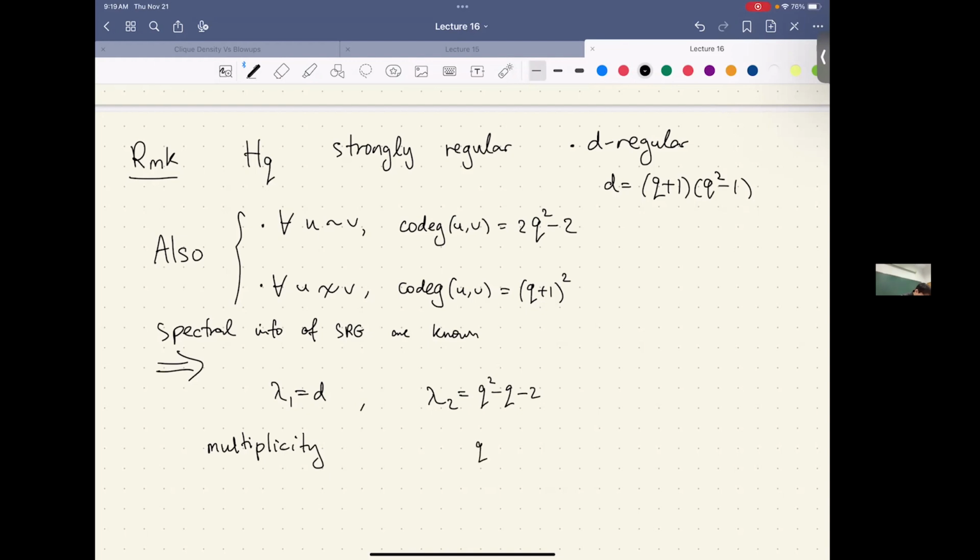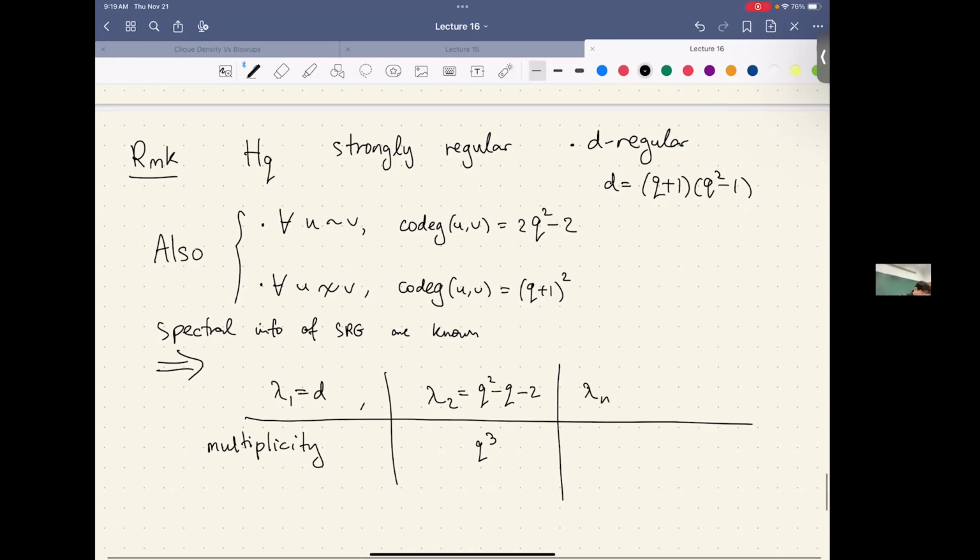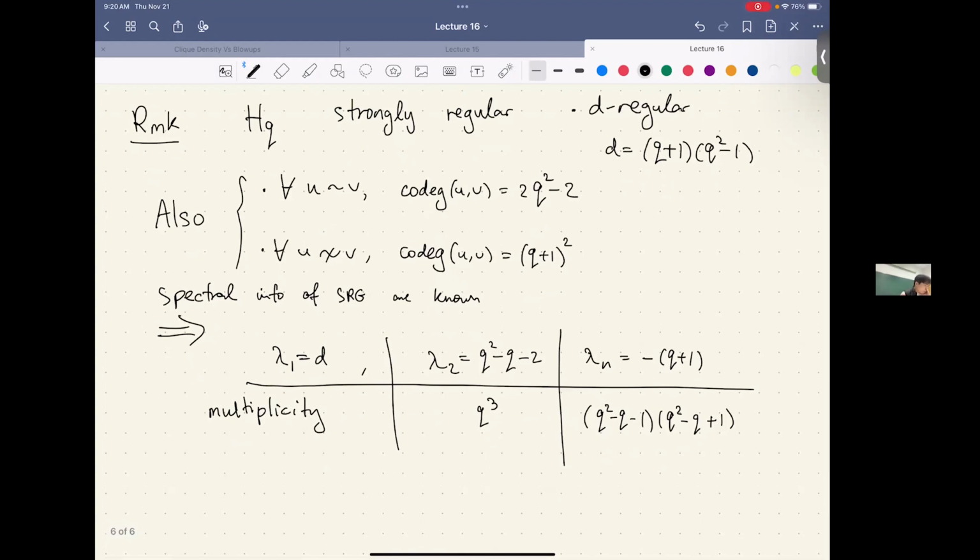The multiplicity is q cubed. The smallest eigenvalue is negative q plus 1. Multiplicity is q squared minus q minus 1 times q squared plus q minus q plus 1. We will not use this here, but it could be useful elsewhere. Let me just throw it here.